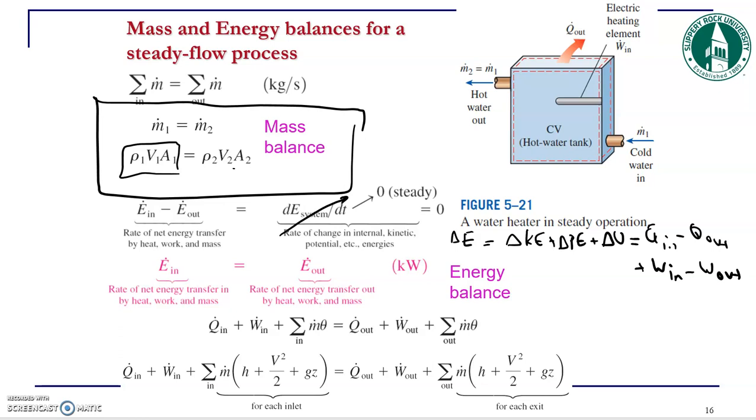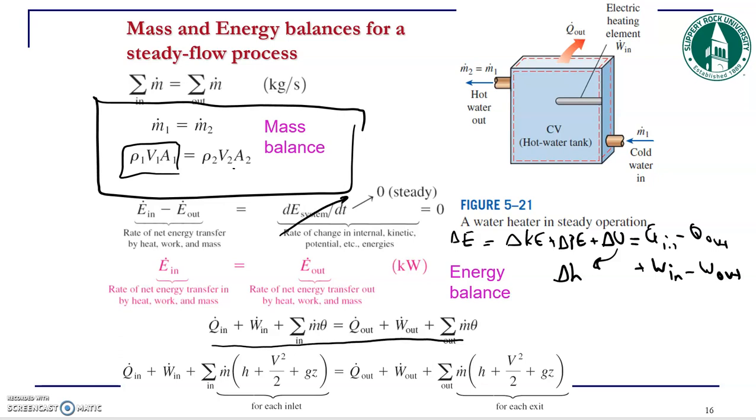And so for the open system, the only thing that changes is this U changes to delta H. That's the only difference that you have. Okay. All right.